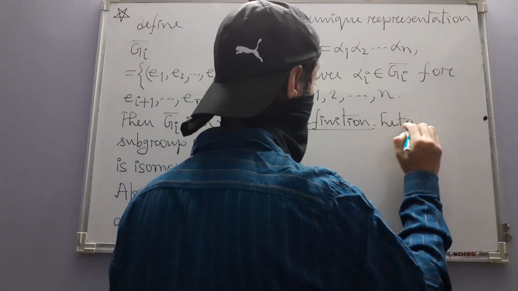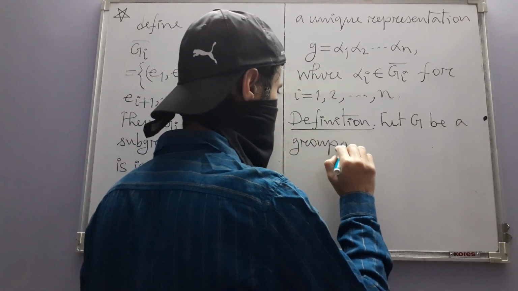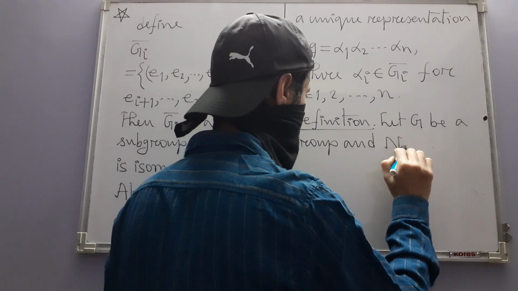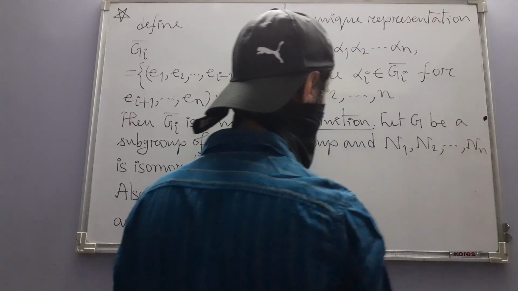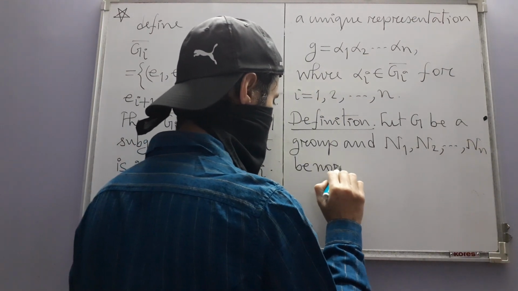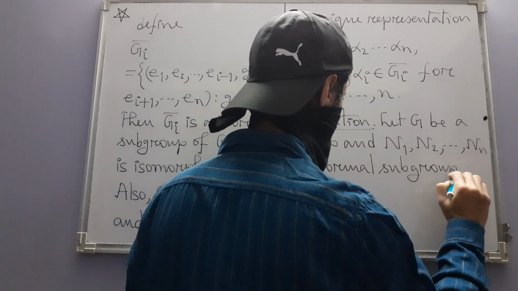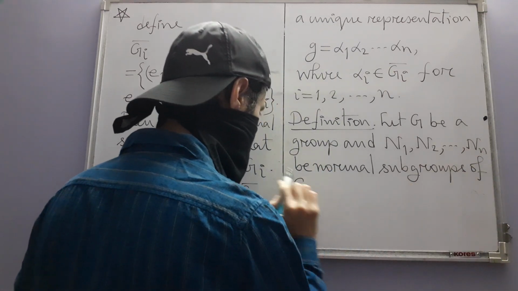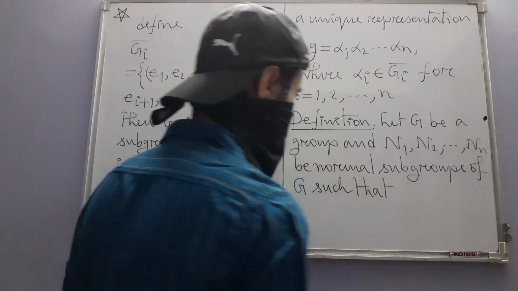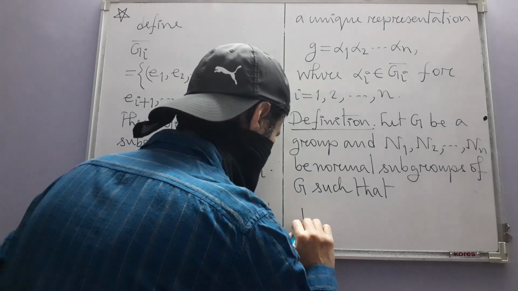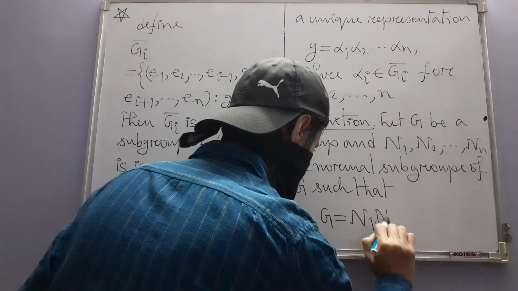Let G be a group and N1, N2, up to Nn be normal subgroups of G such that two conditions are true. Number one, G is their product, ordinary product.